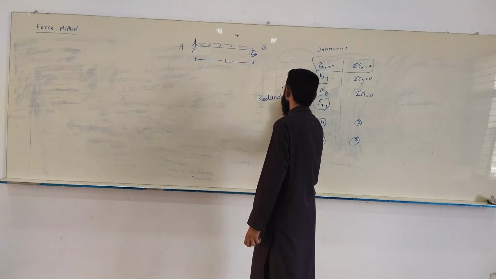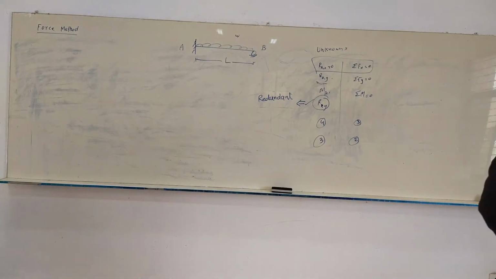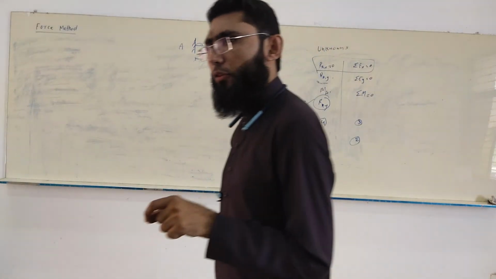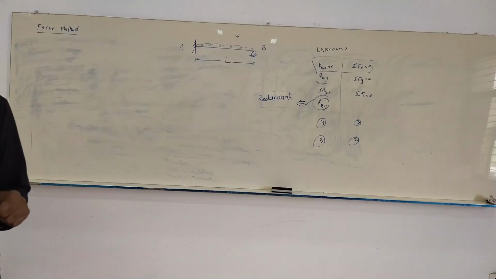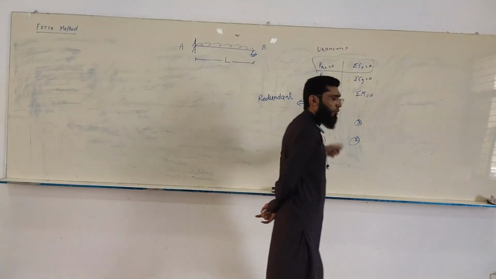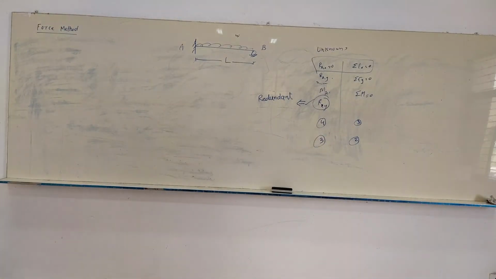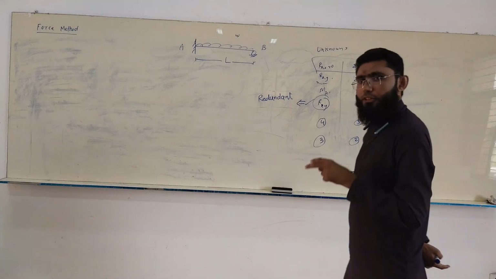You better write down redundant for this. Redundant is the unknown which you treat as the primary unknown reaction force in your problem. Once you determine this redundant without using your equilibrium equations, you can solve the rest of the system using the equilibrium equations. Are you clear about redundant?